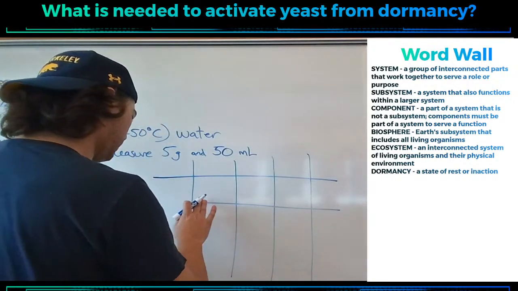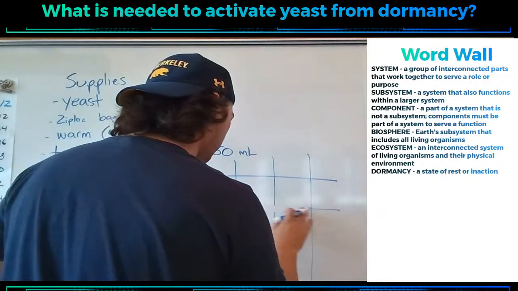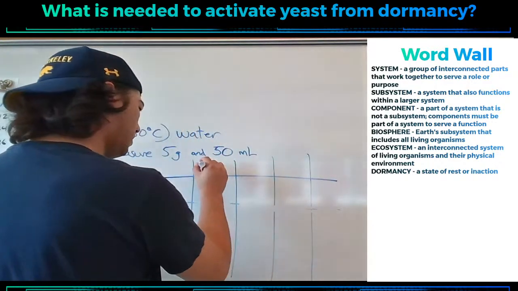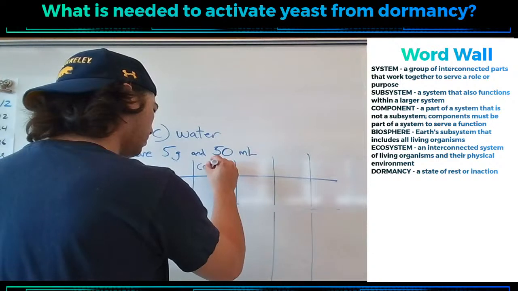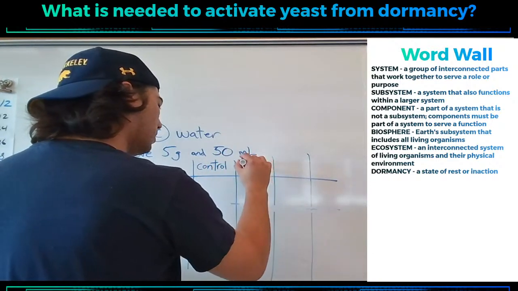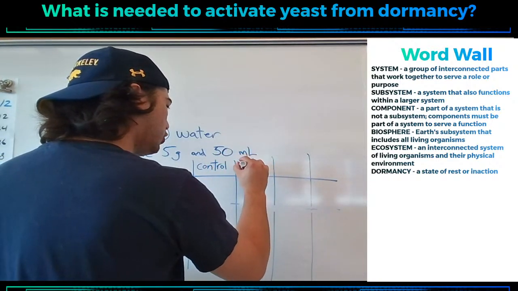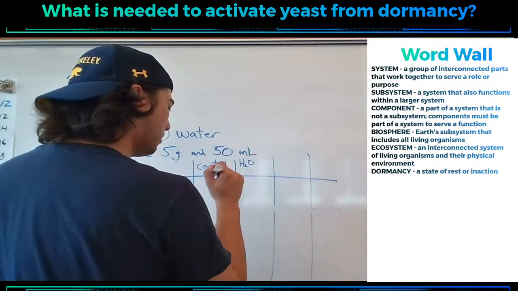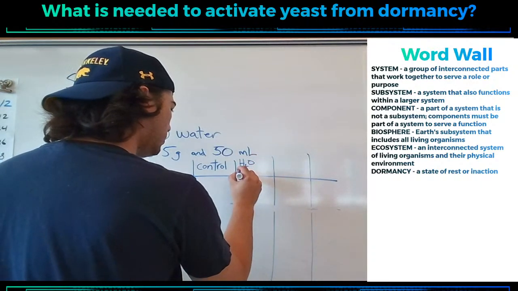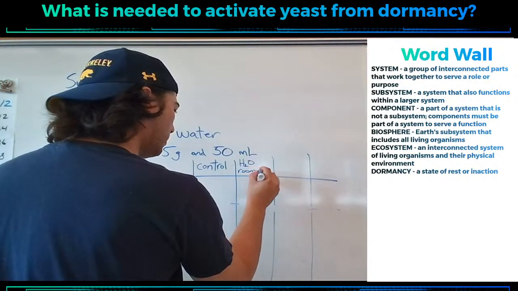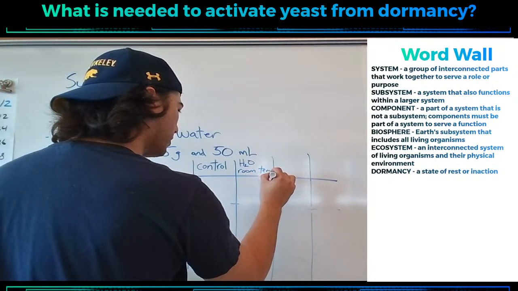And actually, we don't even need that bit. So we'll have our control. We're going to use H2O, which is the molecular formula for water. H2O, I'm going to put room temp for room temperature.